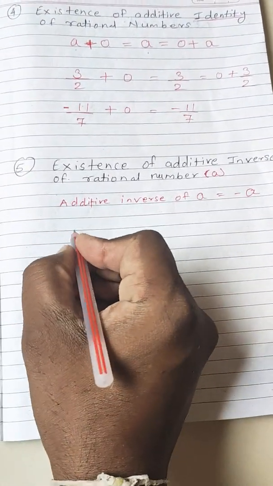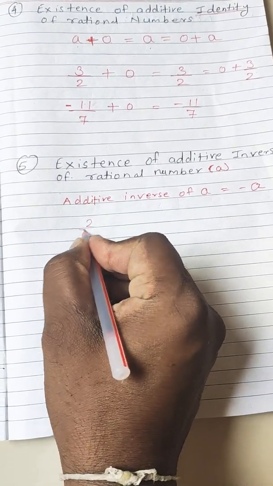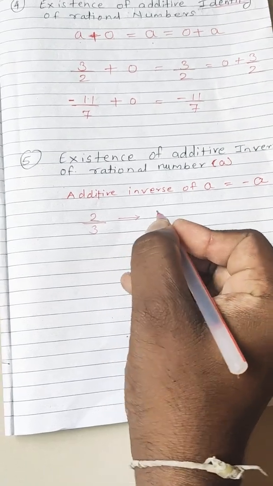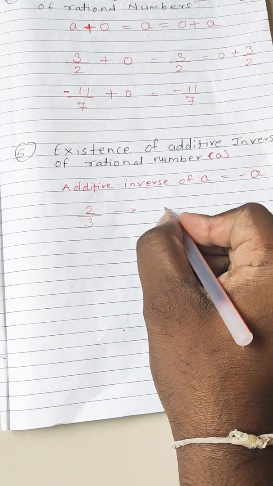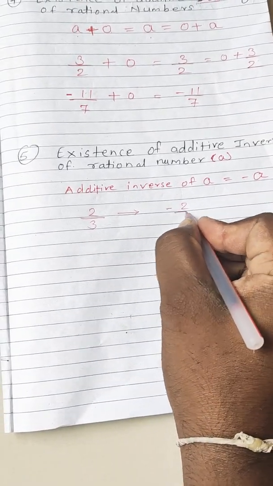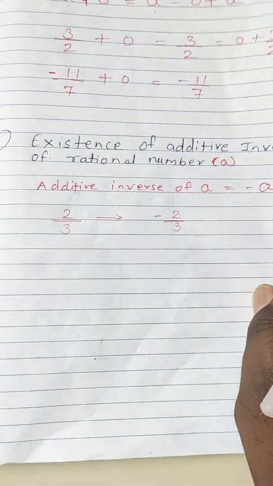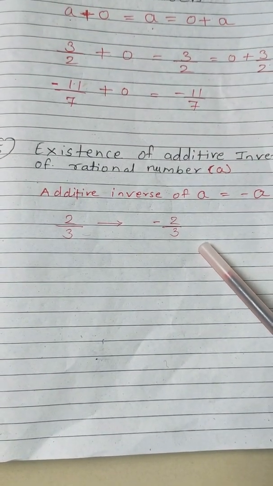For example, if 2 upon 3 is there, then its additive inverse is minus 2 upon 3. Understood? 2 upon 3, so its additive inverse is minus 2 upon 3.